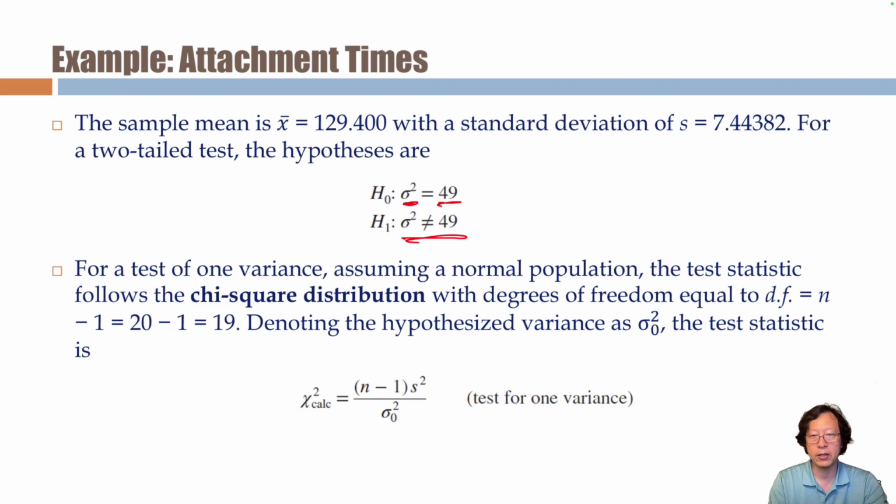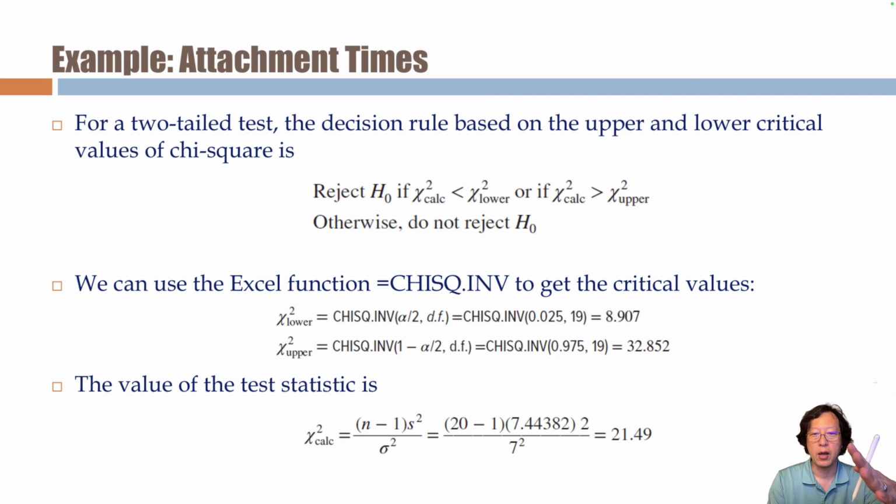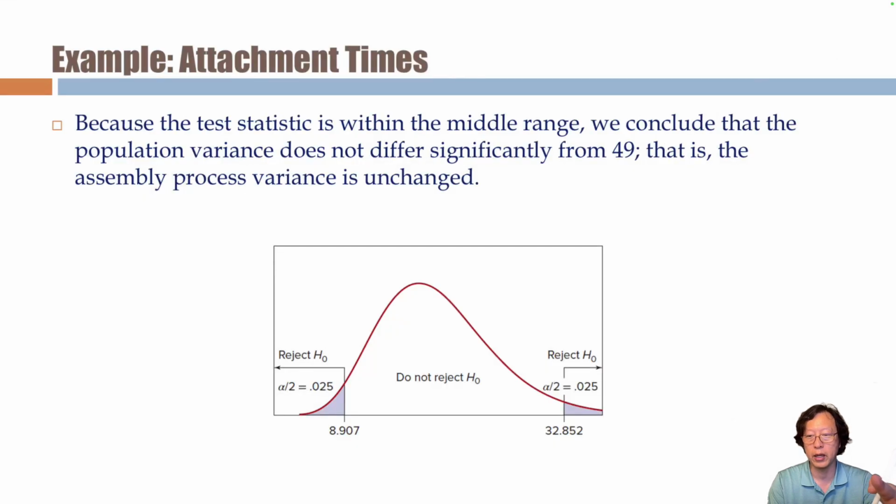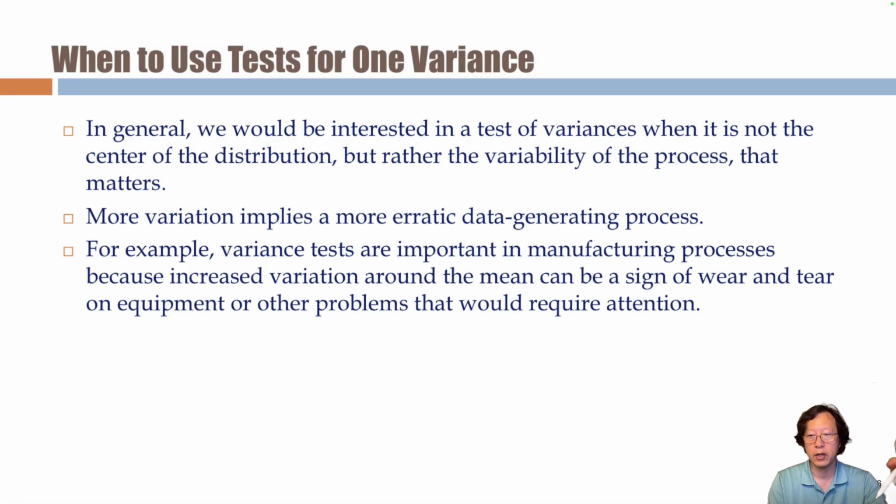You will not see homework related to the variance null hypothesis, or any test exam problem about hypothesis tests on the variance or standard deviation. So I will skip this part. If you are interested, you can take a look. That's the end of chapter 9.